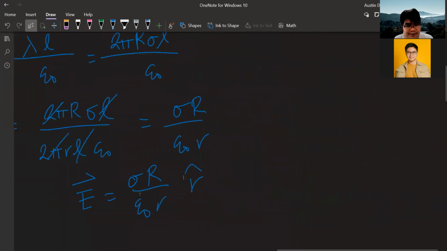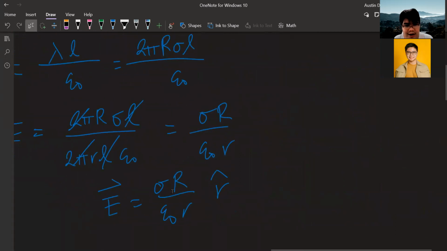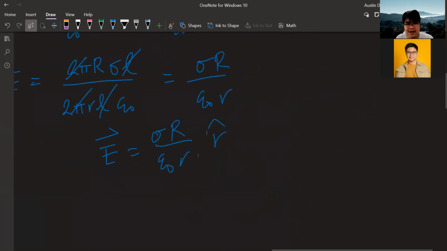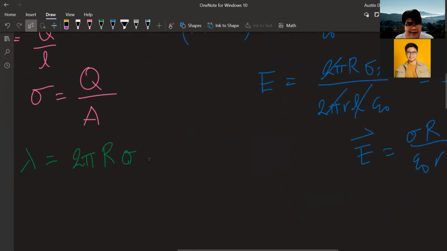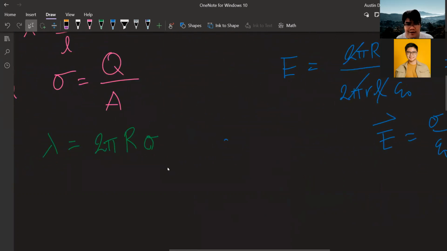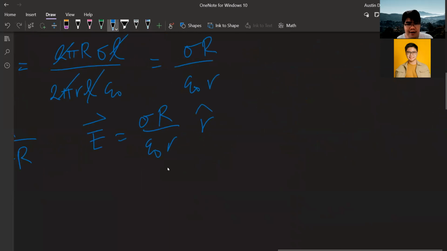Sabi niya, gawin daw muna nating dilipat ulit natin to sa lambda. Pakahirap tayo. So we just write this down as lambda over 2 pi r. Then I plug it in here.